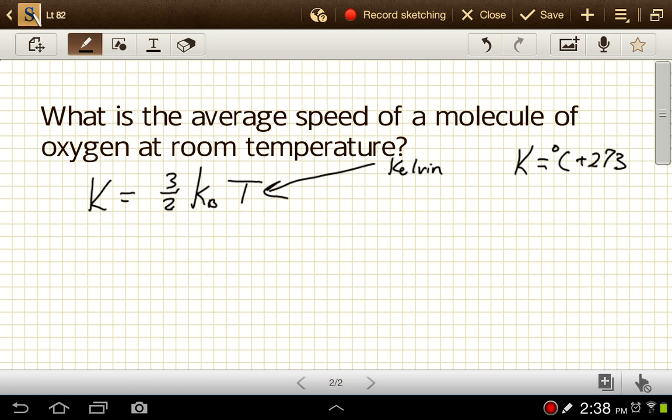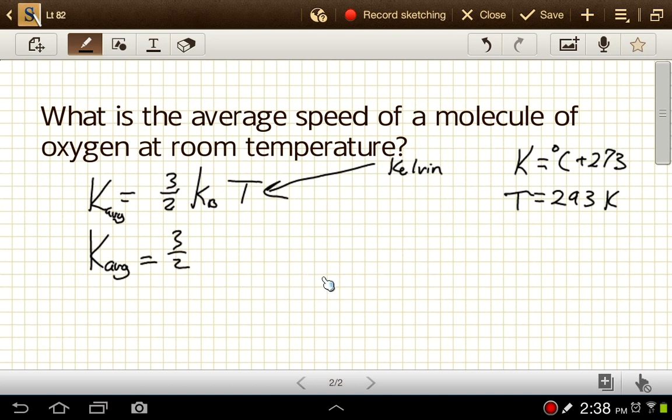Room temperature in Celsius is about 20 degrees, so we'll use a temperature of about 293 Kelvin for this one.